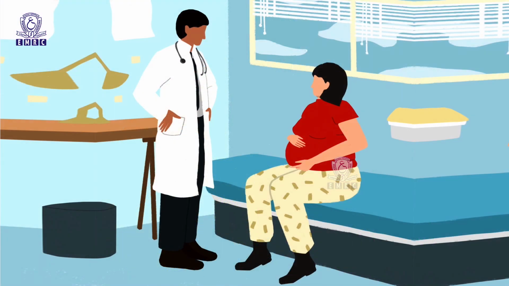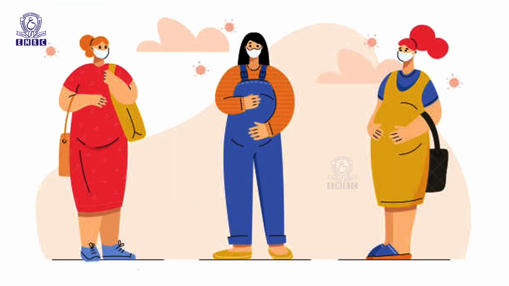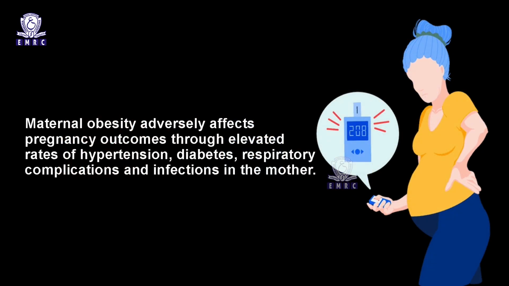Being overweight before and during pregnancy can also put the embryo or fetus at risk, and an increasing number of pregnant women in the United States are overweight. Maternal obesity adversely affects pregnancy outcomes through elevated rates of hypertension, diabetes, respiratory complications, and infections in the mother.